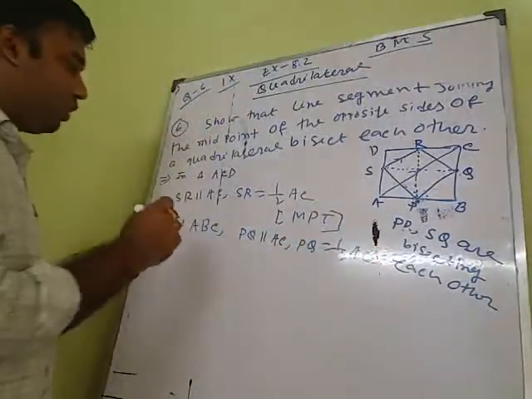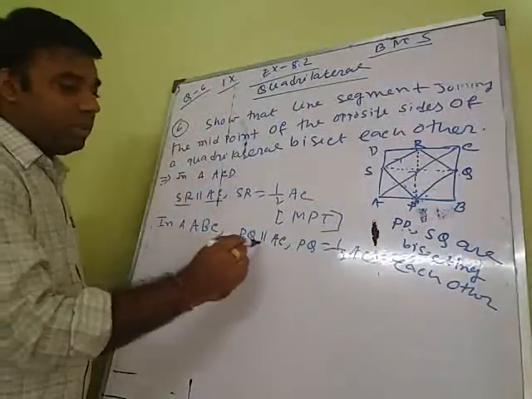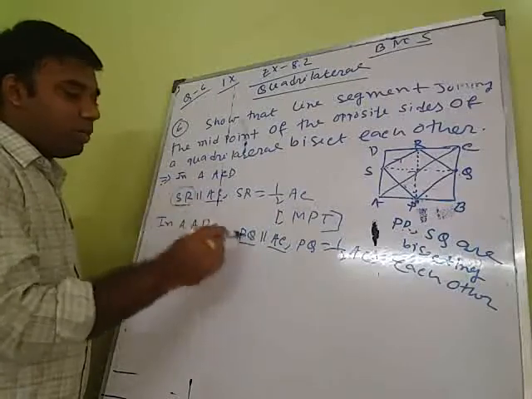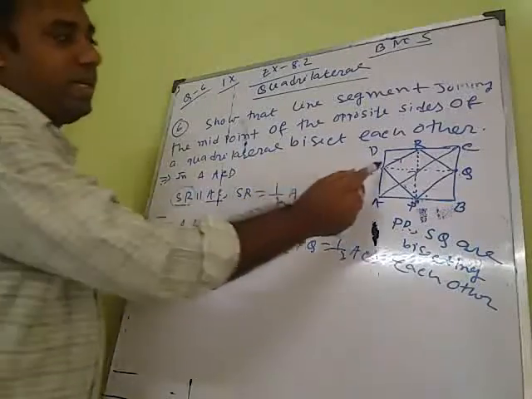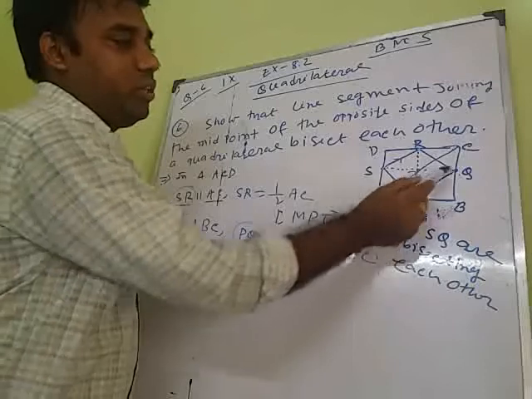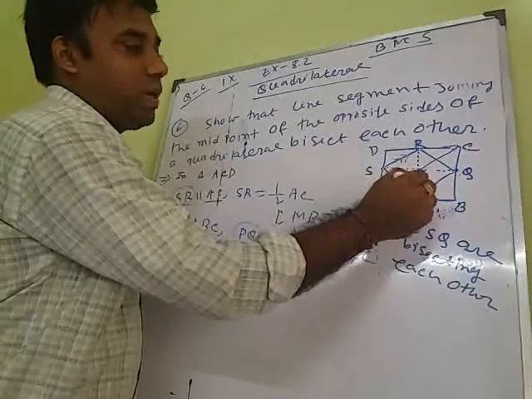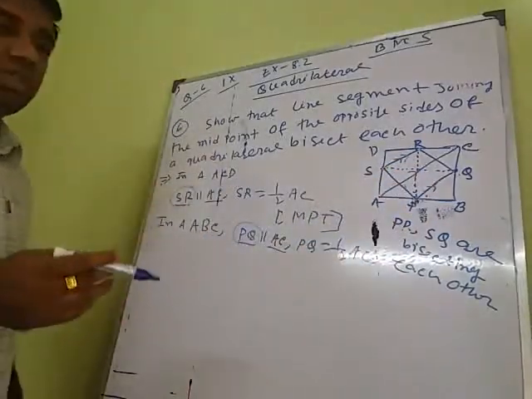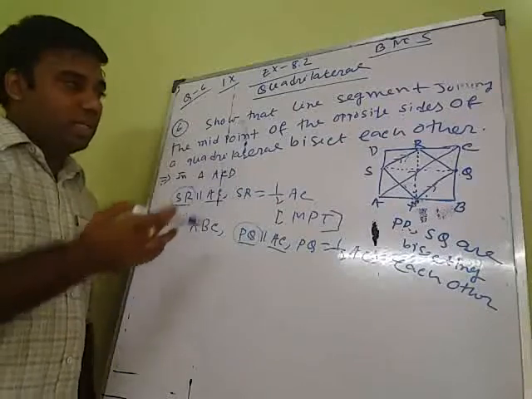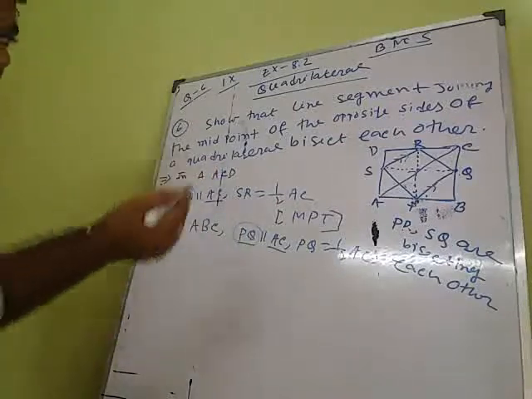Now look at the board. SR is parallel to AC, and PQ is parallel to AC. So these two are parallel to each other. We have solved many questions previously using this theorem.